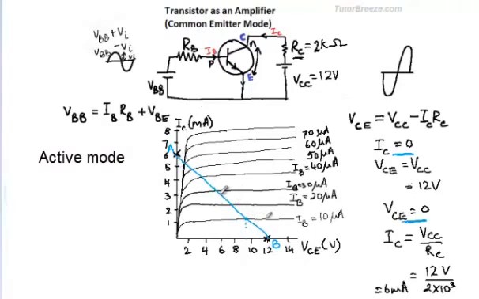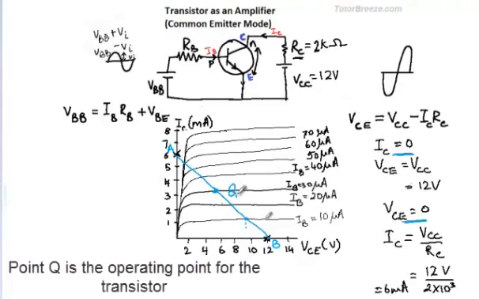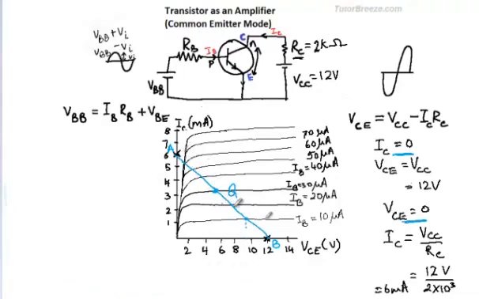Now we will choose a point which is roughly somewhere close to the midpoint of this line, and this point Q is called the operating point for our transistor. Now you might be wondering why do we need an operating point which is somewhere in the middle of the load line?